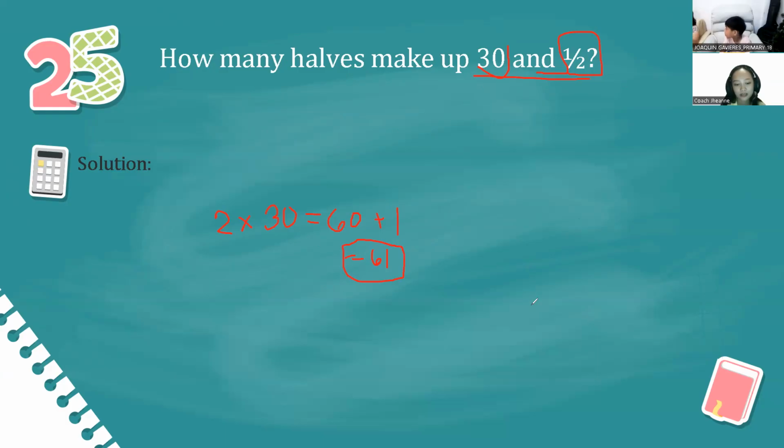So no problem with having 61. If your answer was marked wrong and you answered 61, don't worry because it will be checked manually, as Coach Jom said earlier. The correct answer is 61.